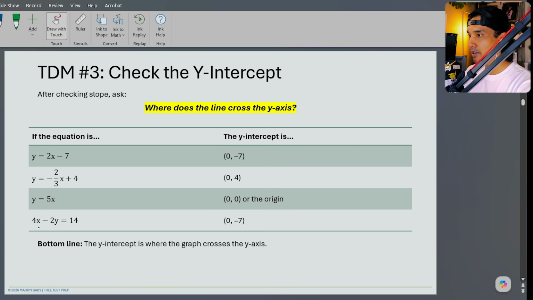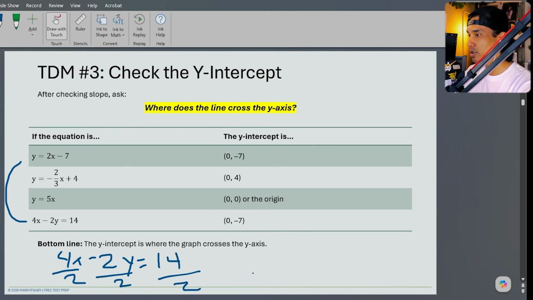Then we have this here, 4x minus 2y equals 14. This is not written in y equals mx plus b, but that's what I would do. I would rewrite this into y equals mx plus b, and if you simplify and rewrite, you would get y is equal to 2x minus 7, right? 4x minus 2y equaling 14. Divide everything by 2.